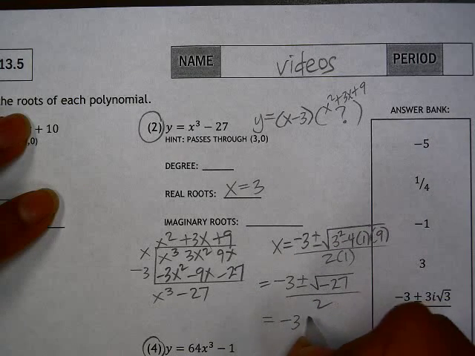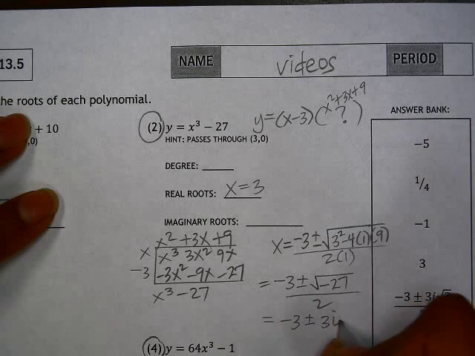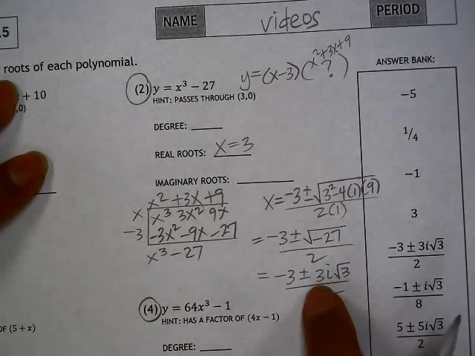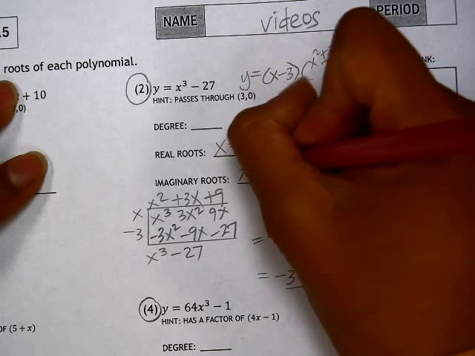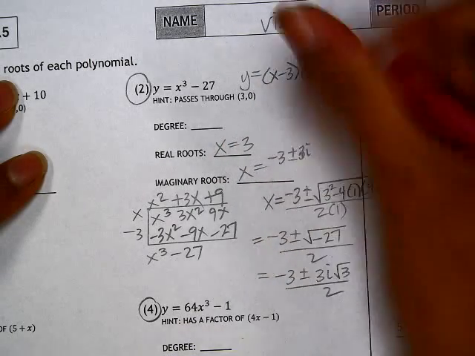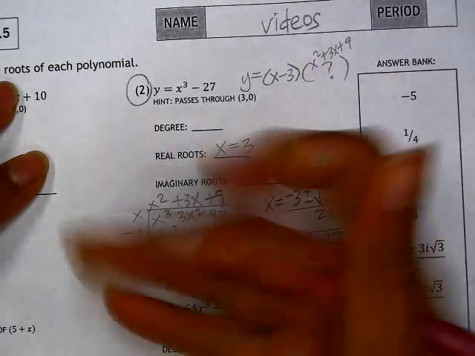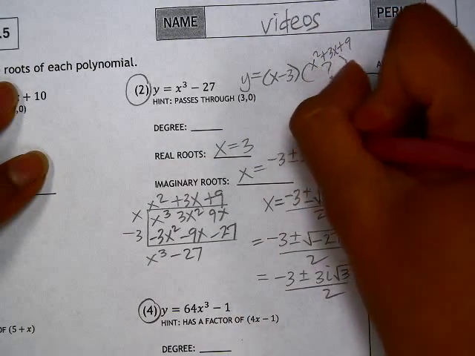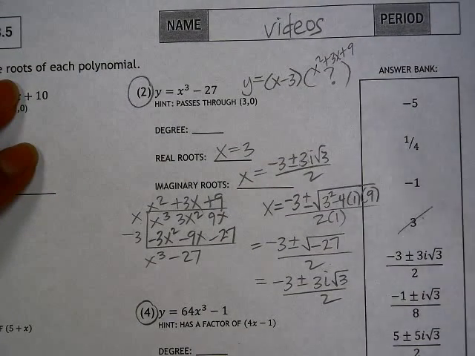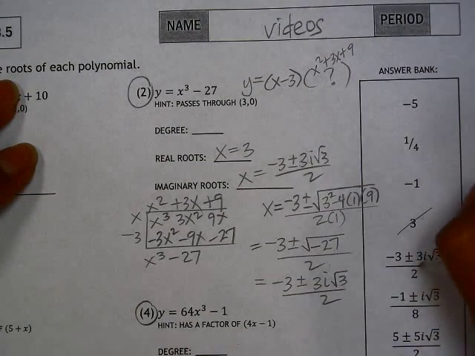So the square root of negative 27 is 3i root 3. And so these two are our imaginary roots: x equals negative 3 plus or minus 3i root 3 over 2. And in our answer bank here, we've used this answer as well as this answer.